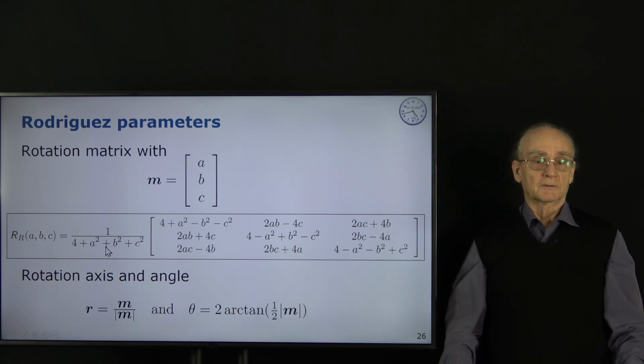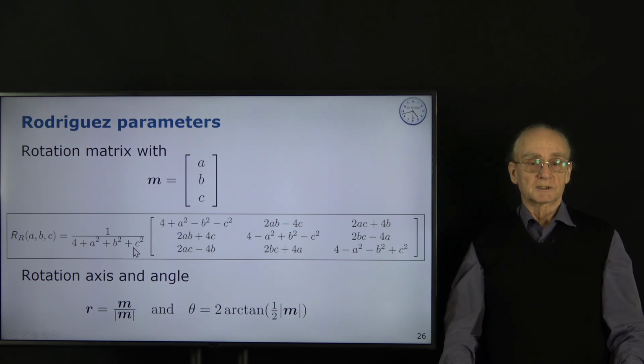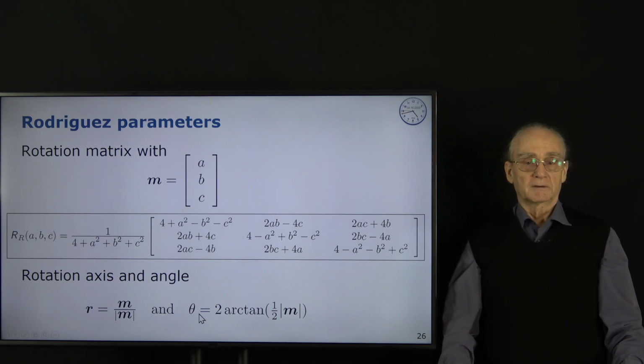And instead of the norm, we have here 4 plus a squared, b squared, c squared. So this is very similar. And of course, if we have the vector m given, it's easy to get the rotation angle and rotation axis, which is just normalizing m, and we get the angle from the arctangent of 1/2 of the absolute value of m.